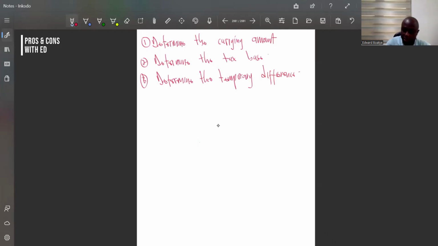And what is the temporary difference? As we said, it is the difference between your carrying amount and tax base. Four, you have to analyze the temporary difference.